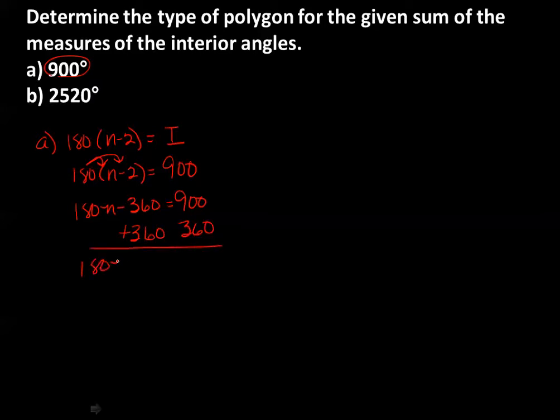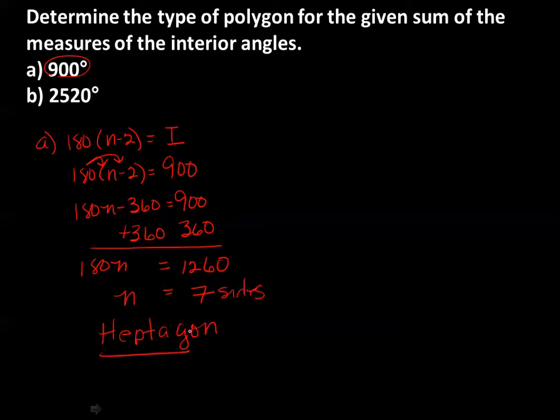So I'm going to have 180n equals 1260, and then I'm going to take that 1260, I'm going to divide it by 180, and I get 7. So this is a heptagon, because remember the n equals sides, so there's 7 sides.